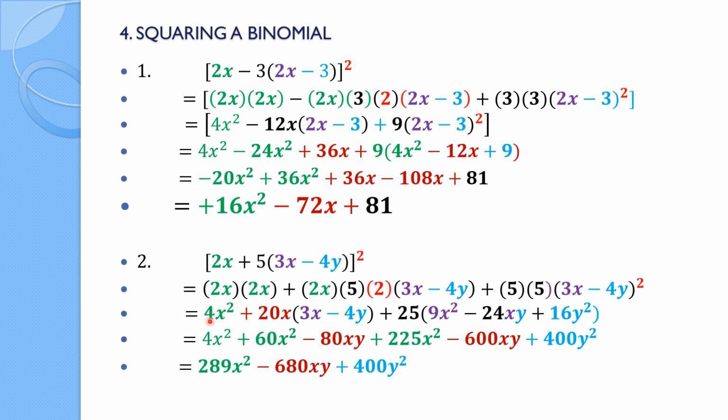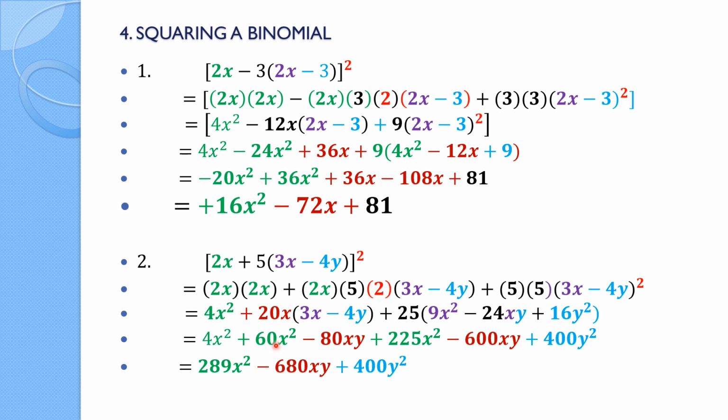Right, so there 4x squared. 20x times 3x would give me 60x squared. 20x times negative 24y would give me negative 480xy. Wait, as stated: 20x times negative 40 would give me negative 80xy. 25 times 9 gives me 225x squared. 25 times negative 24 would give me negative 600xy. 25 times 16y squared would give me 400y squared.